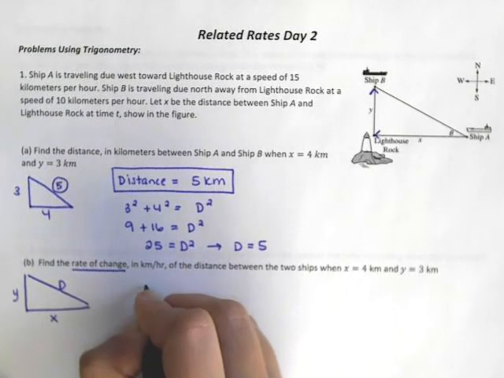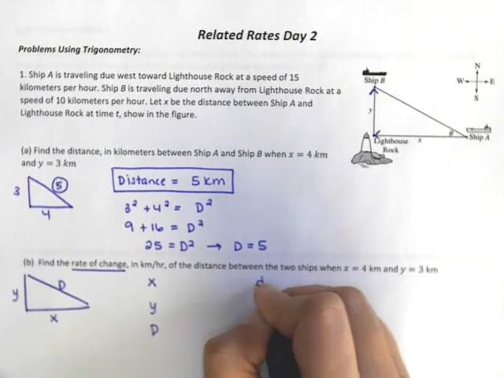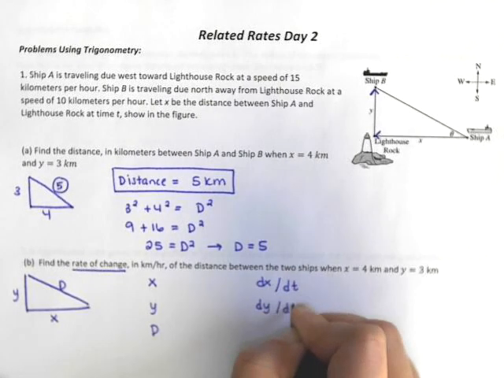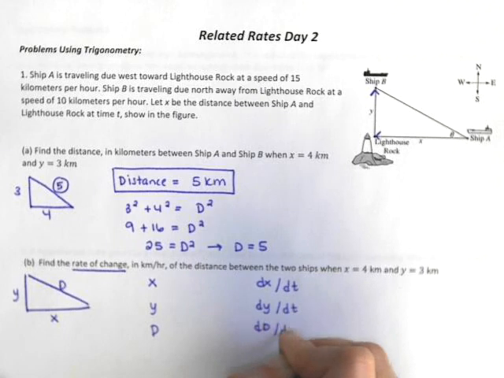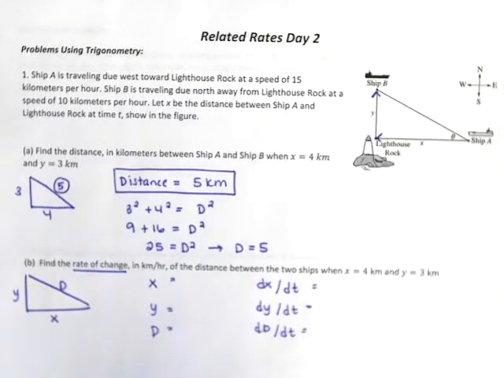So I'm going to make a list of my variables: x, y, d, dx/dt, dy/dt, dd/dt. Because in this problem, all 3 of these variables are changing. Both boats are moving, and that means their distance between each other is changing.